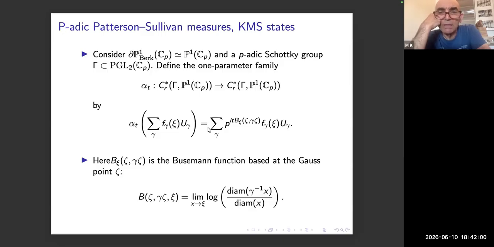You take a p-adic Schottky group gamma inside PGL_2(C_p). I should say there's a kind of uniformization of Riemann surfaces over p-adic numbers, due to Mumford, using Schottky groups.